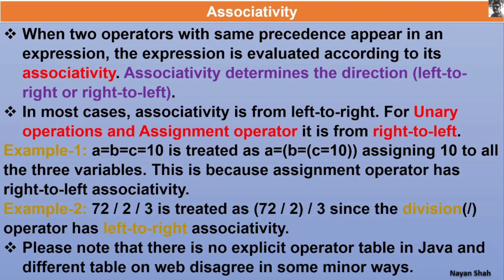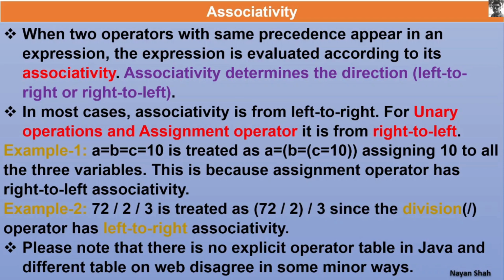For example, if I write a is equal to b is equal to c is equal to 10, that means I am writing a = (b = (c = 10)). First it will do c is equal to 10, then b will become 10, and then a will become 10. But I don't need to put brackets.